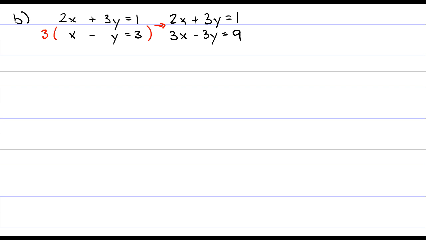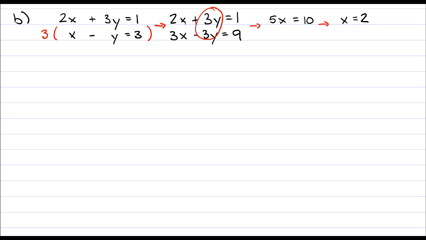As I was mentioning before, when I add these together, the y's are going to drop out, and I'm going to end up with 2x plus 3x is 5x equals 10. Then dividing both sides by 5, I simply have x equals 2. So that's the x value in my solution.